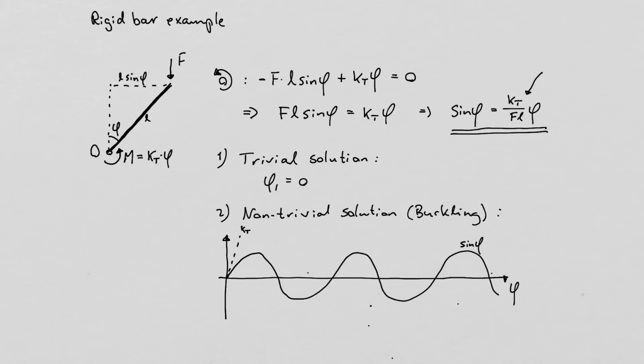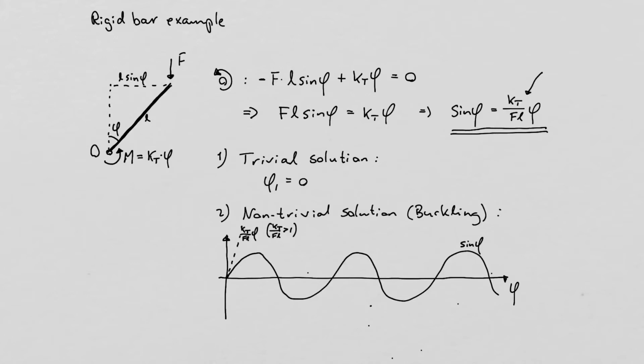So this is kT divided by FL times phi. But this is the case where our kT divided by FL is larger than 1. So if the slope is larger than 1, we can see that the dashed line here never crosses the solid line, and the equation can never be fulfilled.